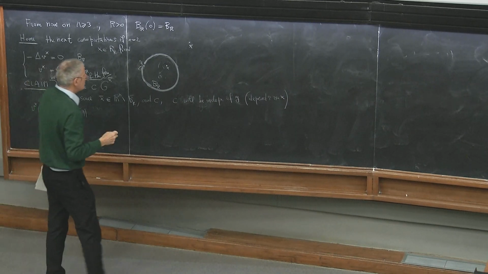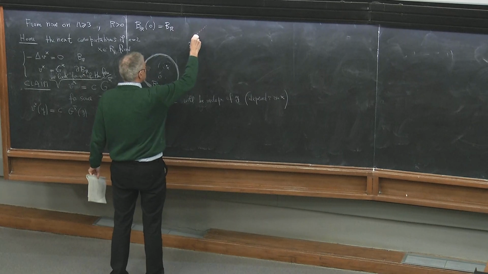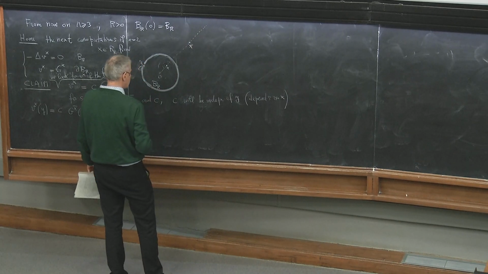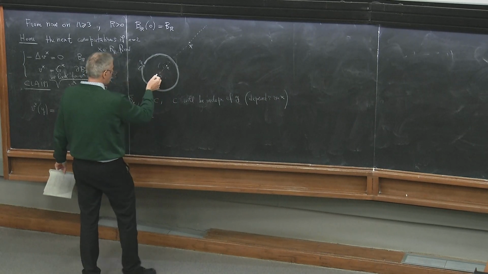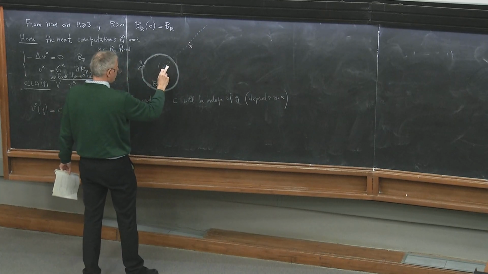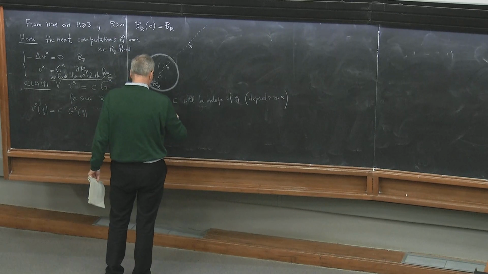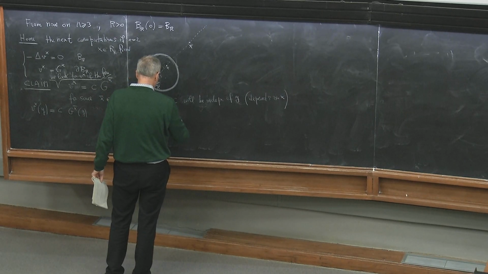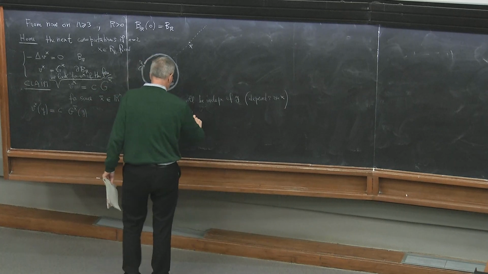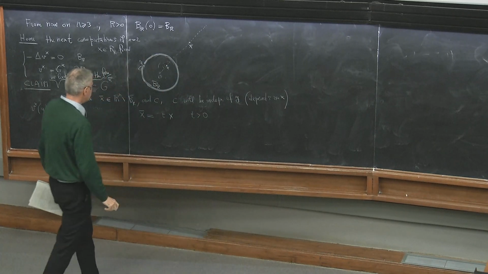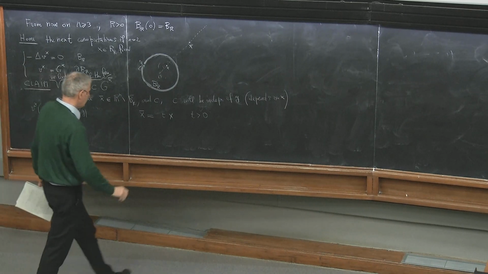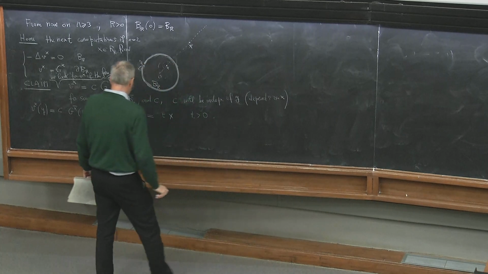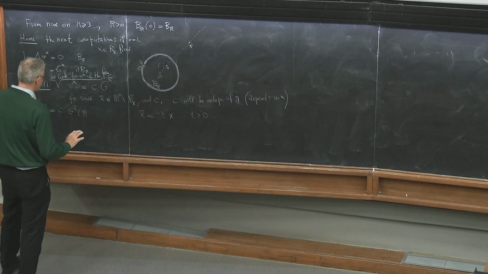Well, by symmetry it seems natural to take x bar along the same line starting from the origin and passing through x. So some multiple of x, for some t, will be still independent of y, for some t.